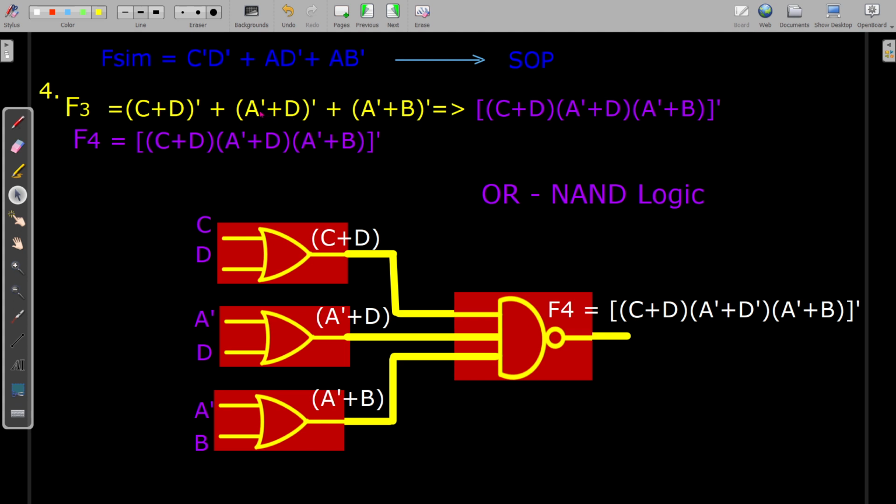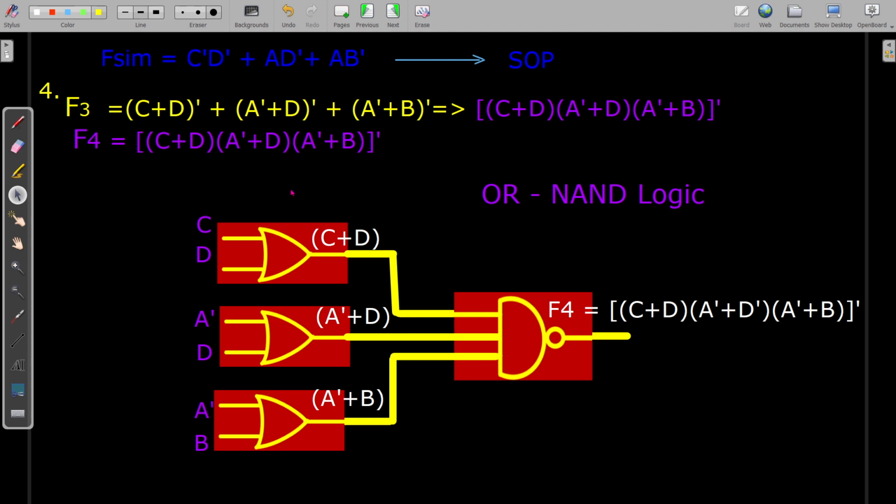Like that, for A' plus D, the bar is removed, and the plus sign is changed, and we put the whole dash. So we got (C plus D) into (A' plus D) into (A' plus B) the whole dash. When you apply De Morgan's for this, we will get this F3. So if you apply De Morgan's for this F3, you will get this F4. Both are interrelated.